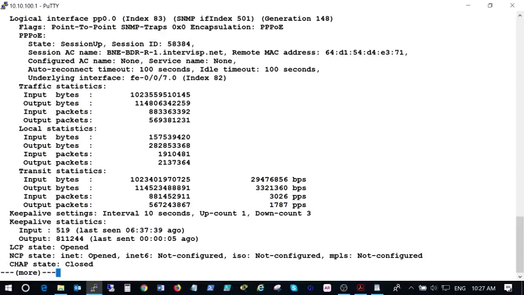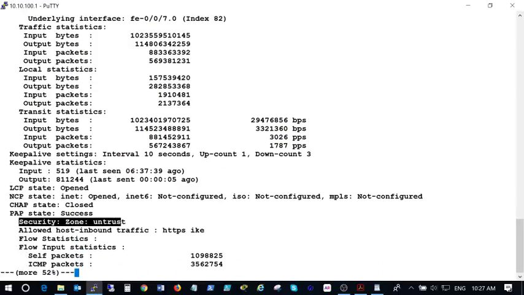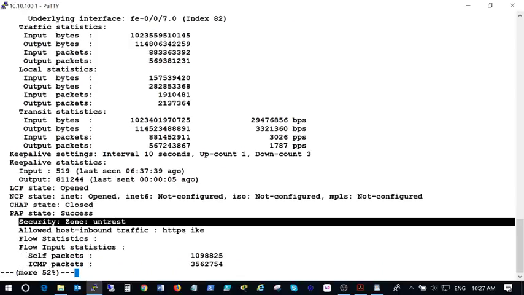I'm just looking for some zone information here. Lots of inbound and outbound stuff there. Here it is, there's my security zone. It tells me it's in the untrust zone.